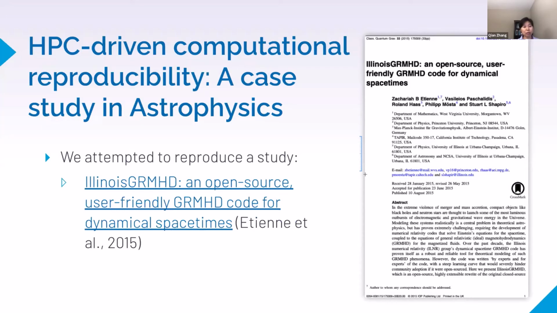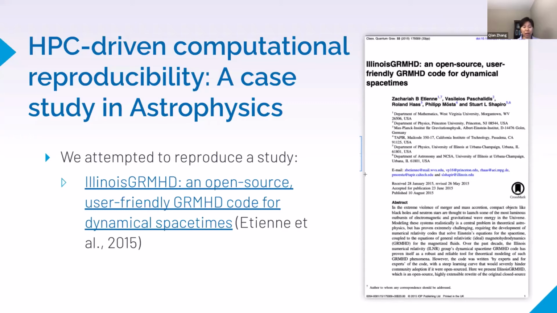Here I am showing a case study in astrophysics focusing on HPC-driven computational reproducibility. This paper was published in 2015. The model used is called the Illinois GRMHD, an open source, user-friendly GRMHD code for dynamic spacetimes.